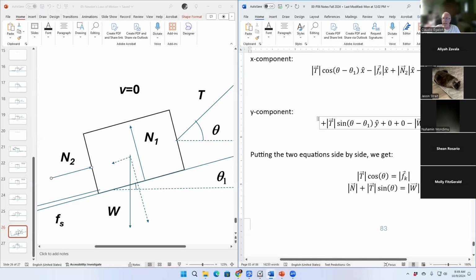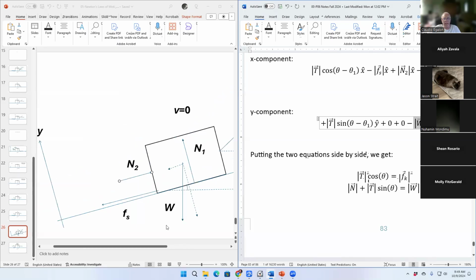And finally, 1, 2, 3, 4 forces, the final force has components along the y direction only, along the positive direction of the y-axis. I'm going to take advantage of this equation here and change to N1 y hat.